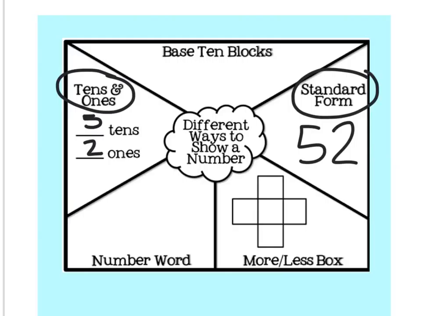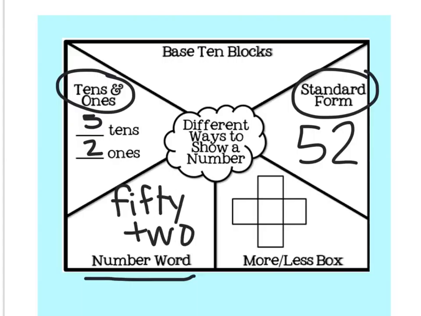If I think about that number in a written way, the number is 52. And that's in words. If I think about it in base 10 blocks, I would have 5 tens and 2 ones. And I just used lines and dots to represent my tens and ones.